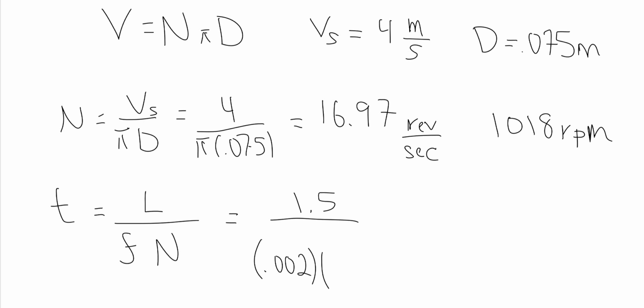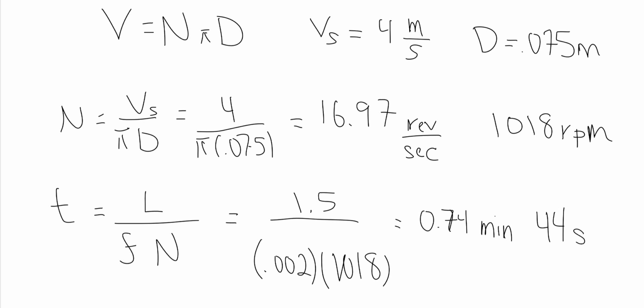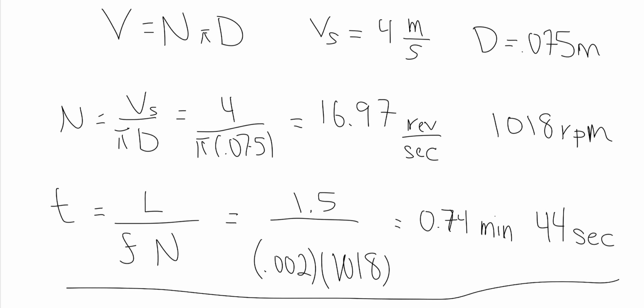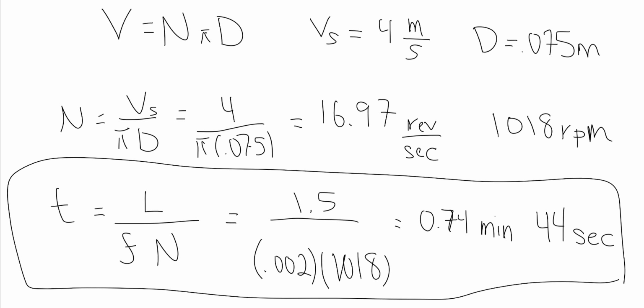And our RPM is 1018. So working that out, we obtain 0.74 of a minute. If we want to get seconds, we just multiply that by 60 and we get 44 seconds. So that's the operating time, and we're going to use high-speed steel.